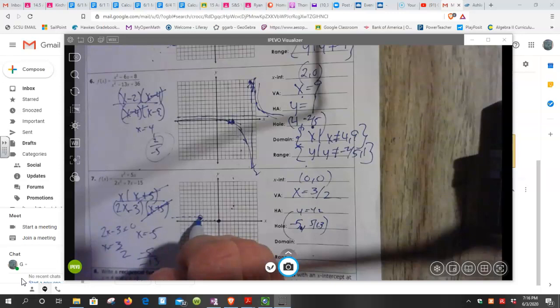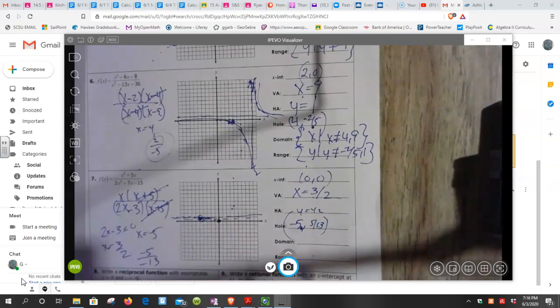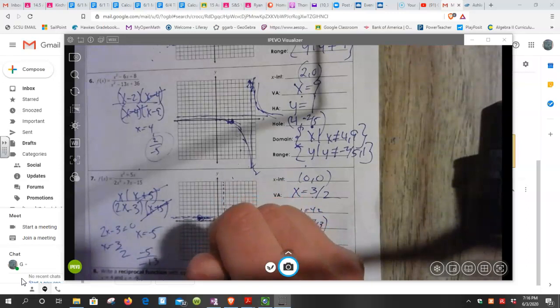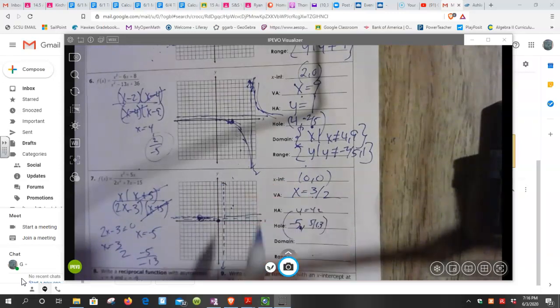This hole should be a little bit under that. Should be here, really. Okay, and then 1/2. And you put some points in here. And you get negative 1.